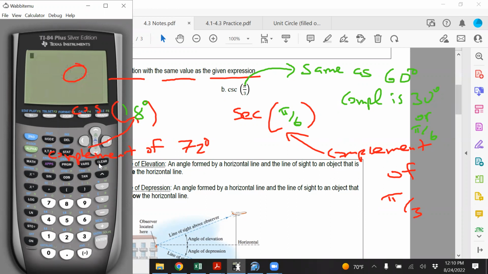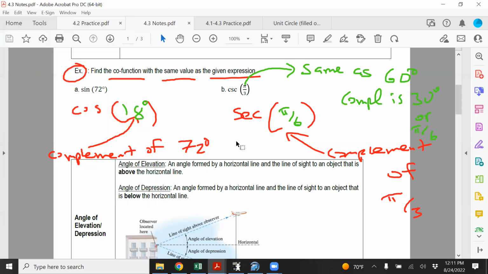If I do cosecant, which is going to be 1 over sine, if I did 1 over sine pi over 3, and then 1 over cosine of pi over 6, I get the same thing. So it's not a coincidence. Okay. So questions, we're okay on example 1?